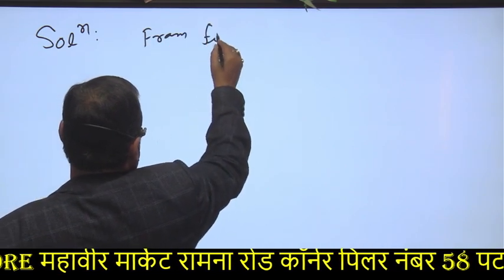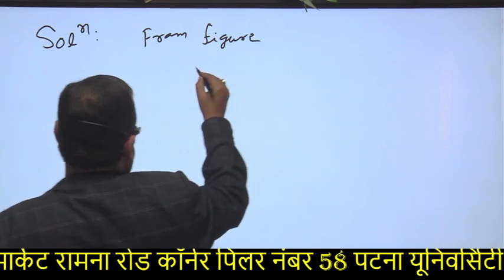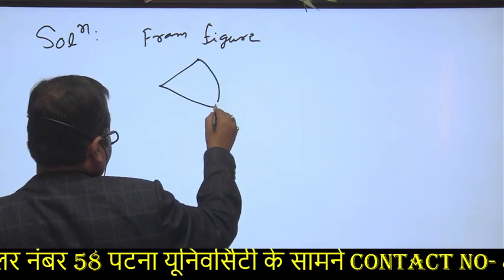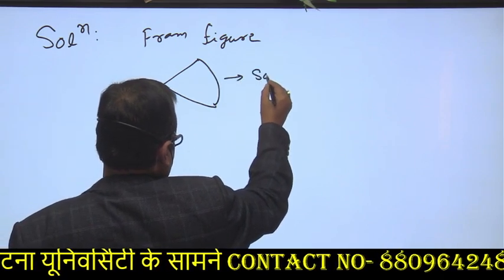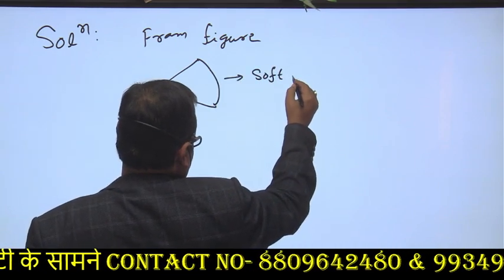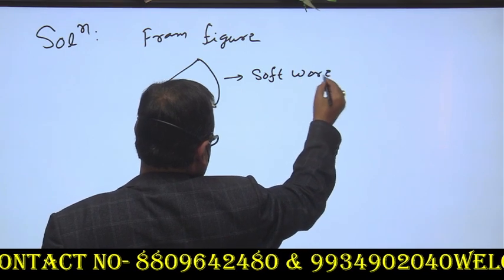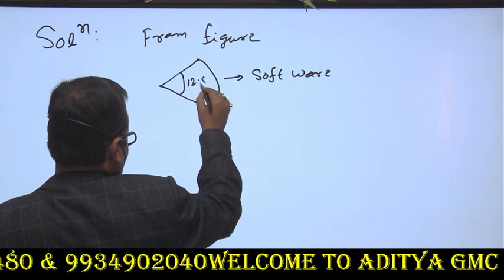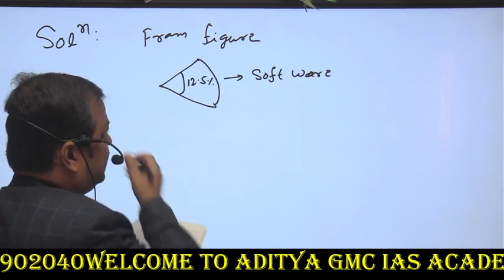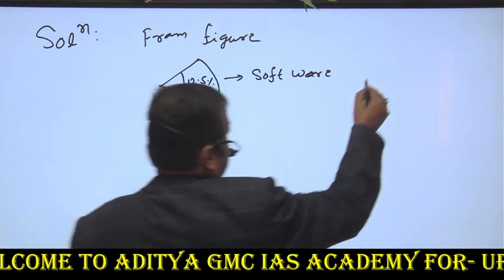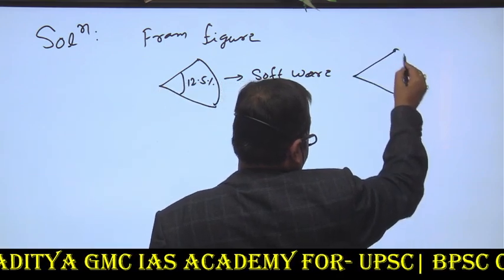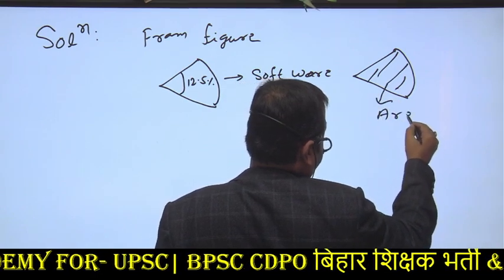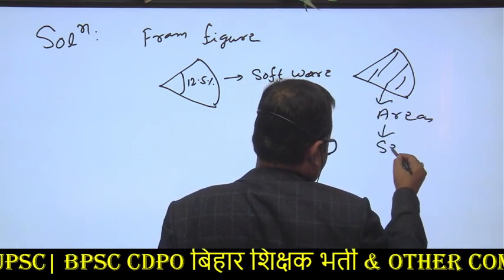From figure, this is the software part. This area is 12.5%. This area is known as sector.